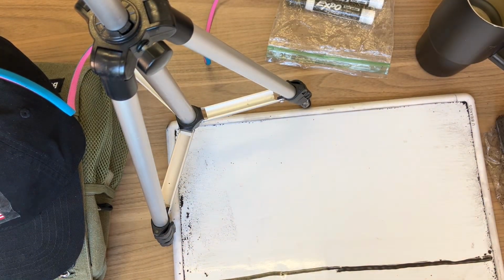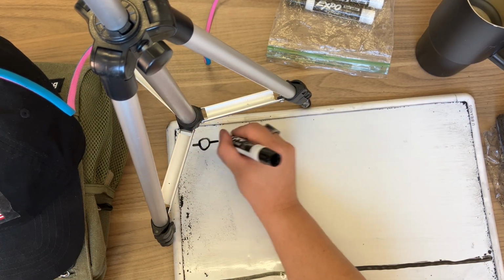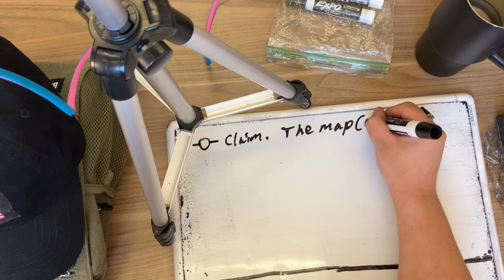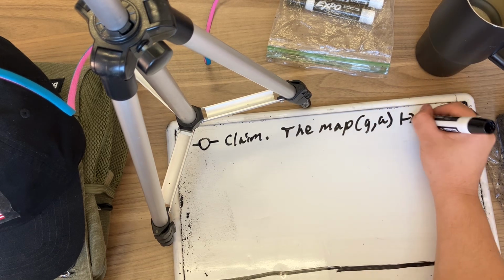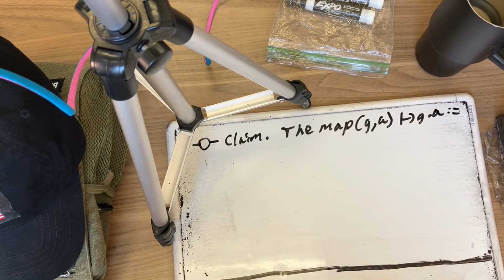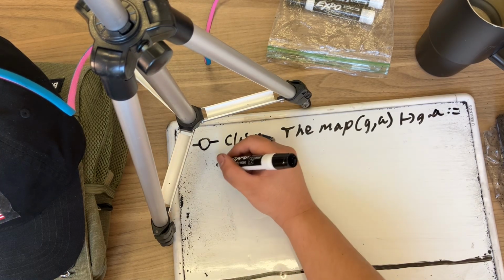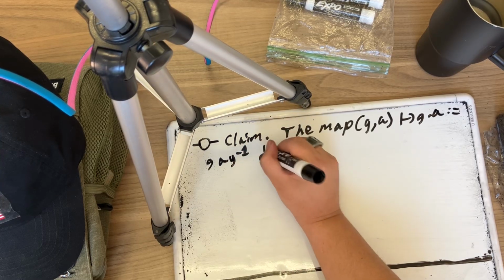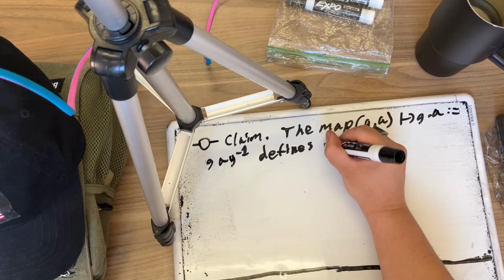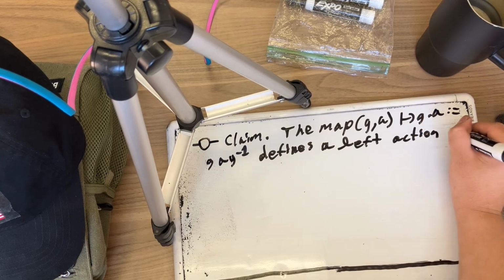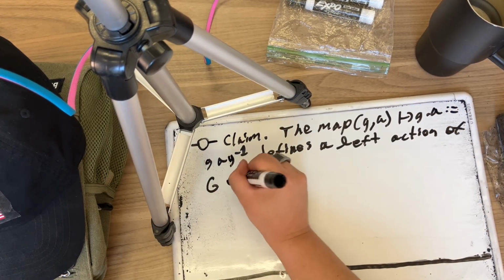Okay, so for the claim here, the map (G, A) to G dot A is equal to G A G to the negative 1 defines a left action of big G on big G.